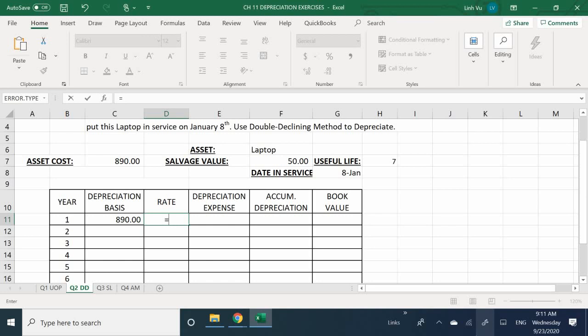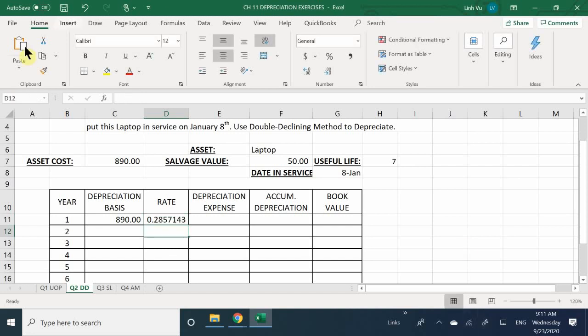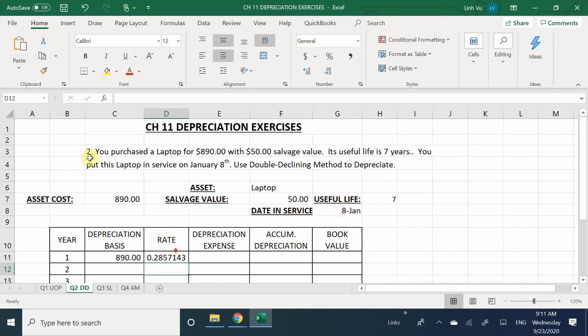But there's one more component you're missing. Times 2. Okay, 1 divided by 7 times 2. So that's 0.285742. Yes. And since I wasn't specific on telling you to round to the nearest 4 decimals, I'm going to keep this calculation in my calculator.